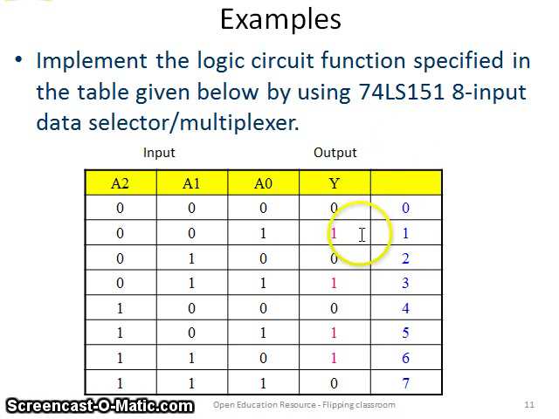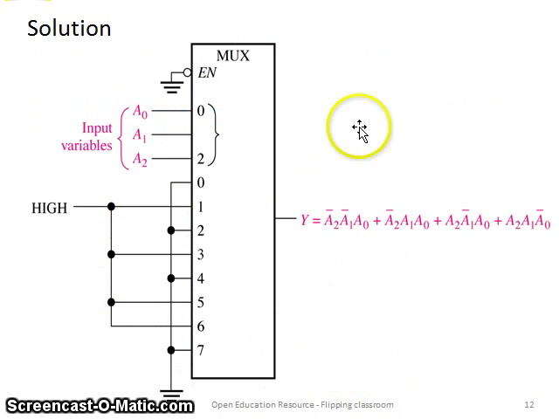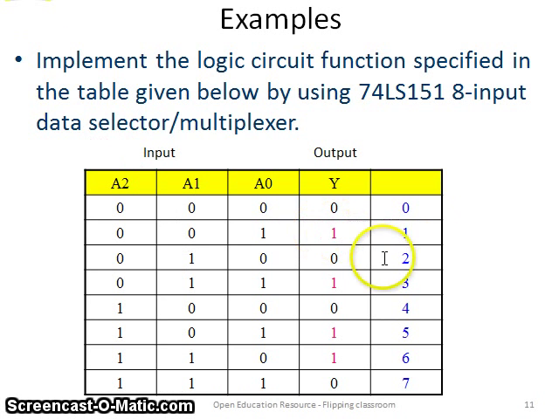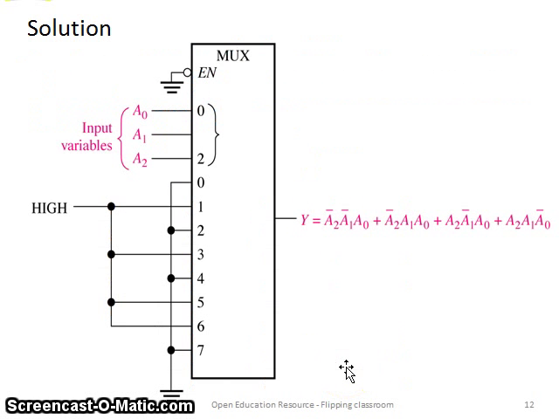It is high for 1, 3, 5 and 6. Using an 8:1 mux, we can do it simply by connecting inputs 1, 3, 5, 6 to a high state and grounding the remaining inputs of the mux. This Y will be nothing but the minterms corresponding to the truth table. We have 4 minterms in sum form.